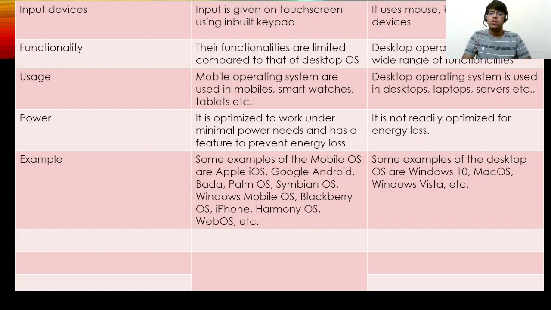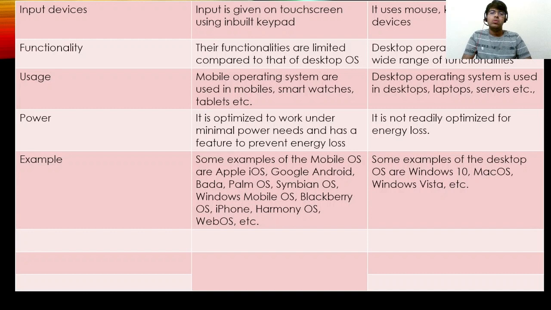Talking about usage, we use mobile OS in smartphones and smartwatches, whereas we use desktop OS in desktops, laptops, and servers as well. Talking about power consumption, the mobile OS is optimized to work under minimal power needs and has a feature to prevent energy loss, which is our battery saver mode.